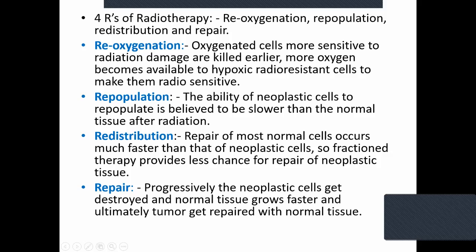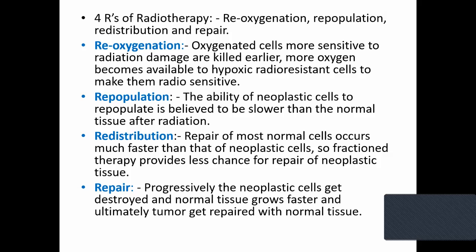And repopulation: the ability of the neoplastic cell to divide after radiation is slower as compared to the normal tissue, right? So that is repopulation. And the third one is redistribution. As we know, the ability of the neoplastic cell to divide after radiation damage is less.